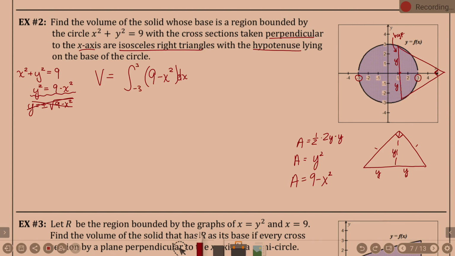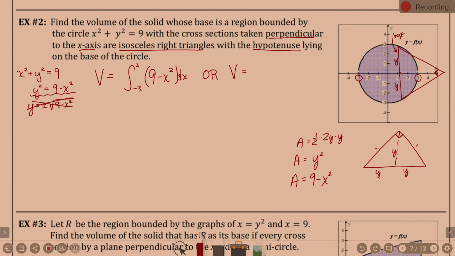Now, that's one way to do it. Of course there's another way. Negative 3 to 0 and 0 to 3. What do we know about this figure? Could you only do negative 3 to 0 and then flip it? Multiply by 2.